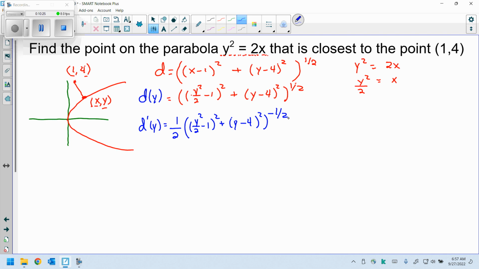So all that's going down to the bottom along with this 2, times the derivative of what's inside. And I'll have to chain rule this.